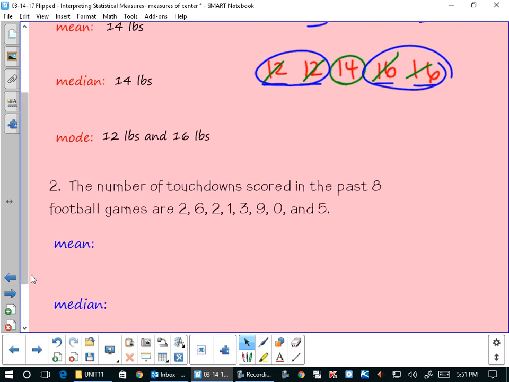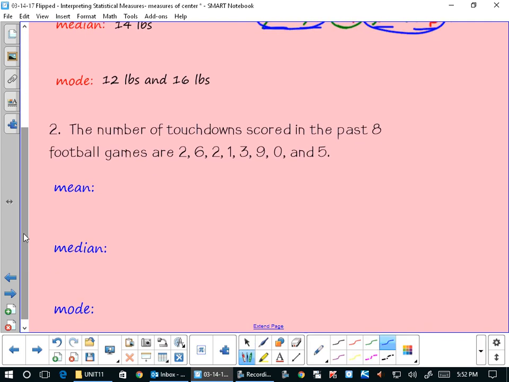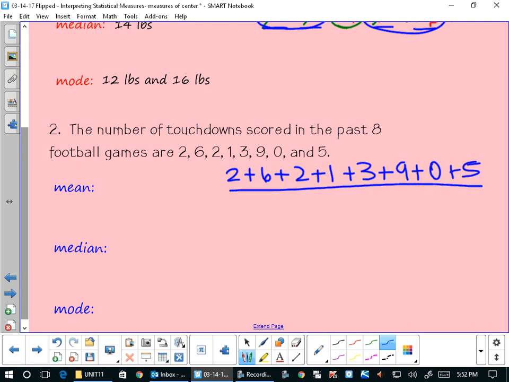All right, let's try another simple mean, median, and mode problem. The number of touchdowns scored in the past 8 football games are 2, 6, 2, 1, 3, 9, 0, and 5. So let's find the mean. We're going to add all of them up and divide by, it says past 8, so 1, 2, 3, 4, 5, 6, 7, 8, good, past 8.